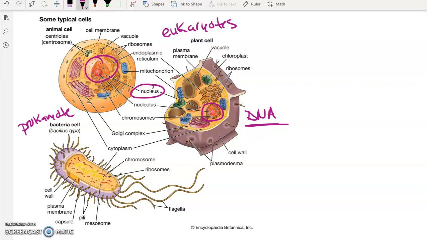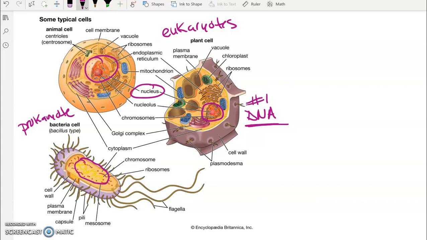That's why it's a prokaryotic cell or a prokaryote. It still has DNA. It just is not encased in a nucleus. It's just floating around in this central area of the bacteria cell. So that's number one thing that all cells have is DNA.